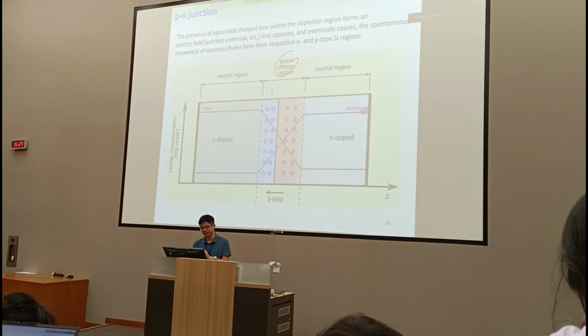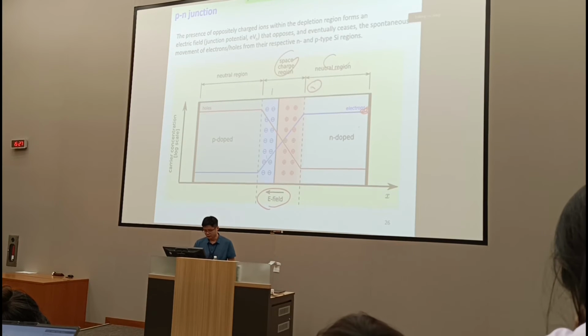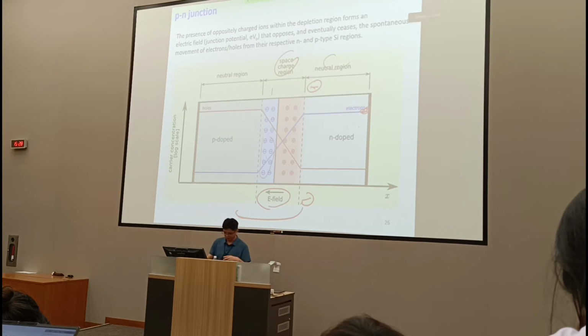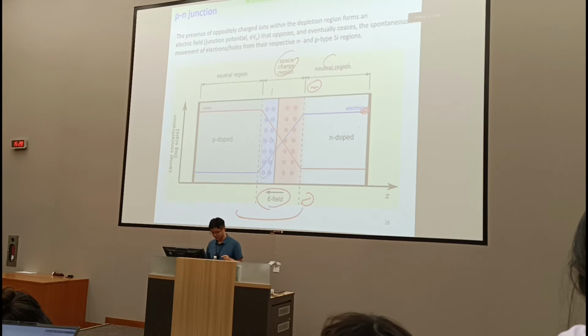This is the neutral region. And you see that you created an electric field. This electric field exerts an opposite force on the electrons, to keep them on the left because of the repulsion of this negative charge, right? The same for the holes, which are repelled and remain on the right. So there are no more free carriers across these space regions.